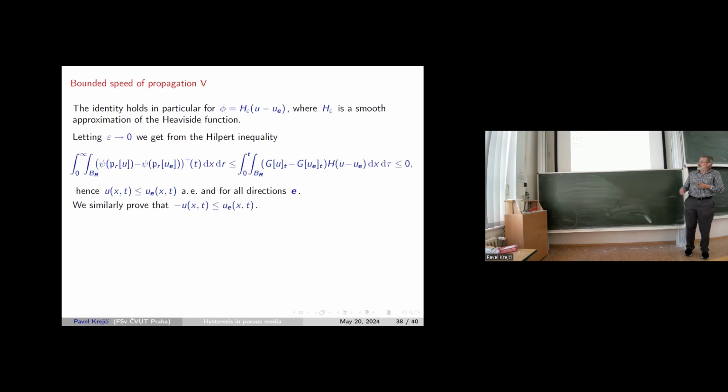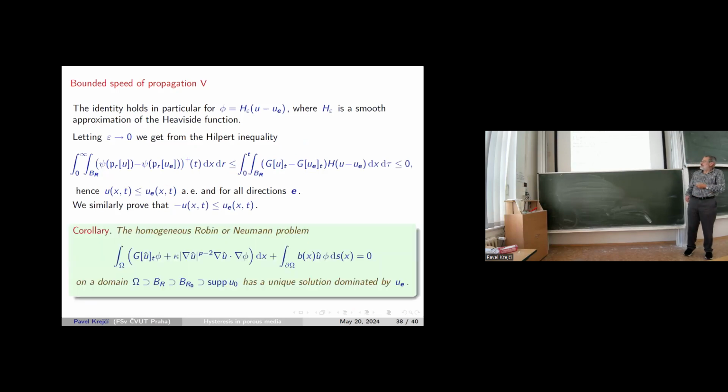But it's the same for minuses. The plus or minus will behave the same. And u_e, in the direction of e, vanishes outside of the moving front. And we have moving fronts which move with the same speed in all directions, so eventually the solution is bounded in every direction.